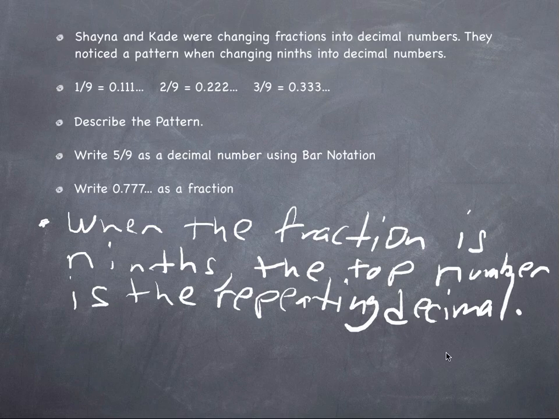So when the fraction is 9ths, the top number is the repeating decimal. That's one of the patterns.